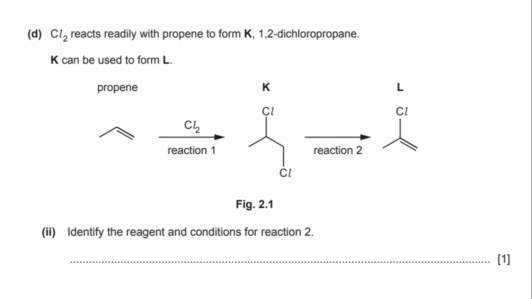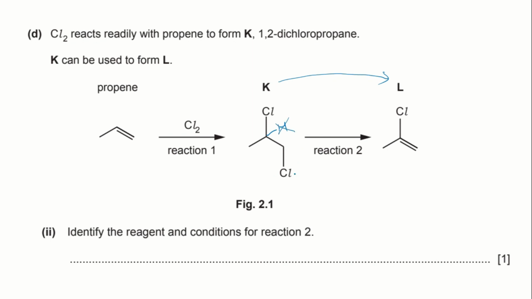Part 2 is about reaction 2. We need to identify the reagent and conditions for reaction 2. So from K to L. We have chlorine here, CH3, no change. What is eliminated from K to L will be HCl. The H that was here, and this Cl.